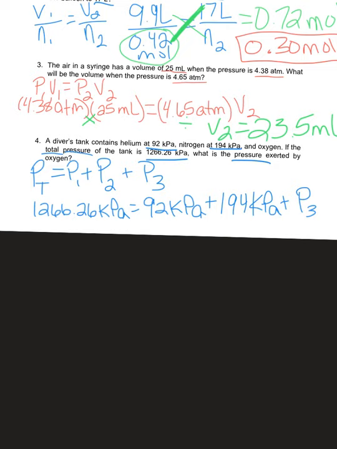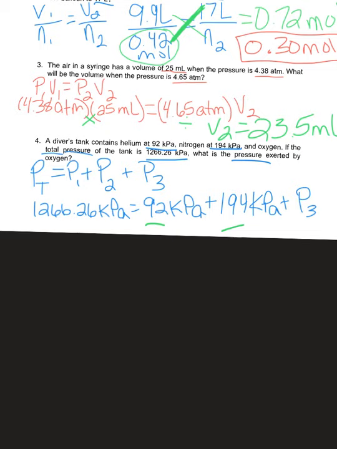How are we going to get P3? Subtract. Simple as that. It'll be 1266.26 minus 92 kPa minus 194 kPa. That's all it is. So let's do that math really quickly. 1266.26 minus 92 minus 194.